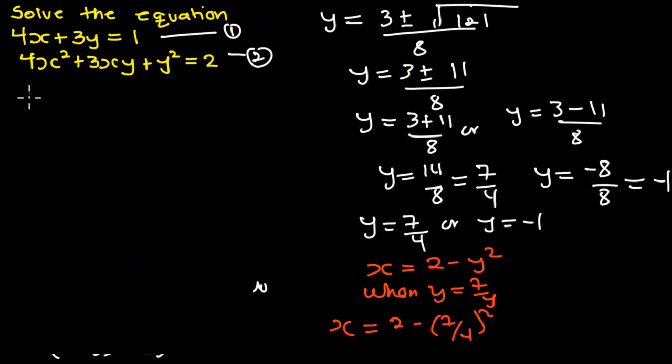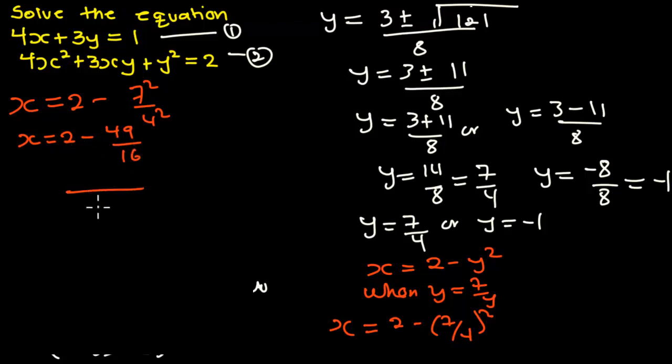We can rewrite this as 7 squared over 4 squared, so x is equal to 2 minus 49 over 16. And when we find the LCM, here it is 16.